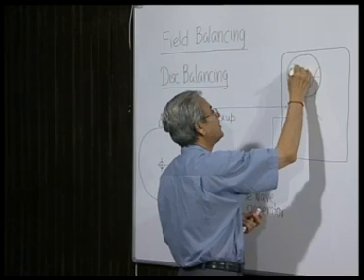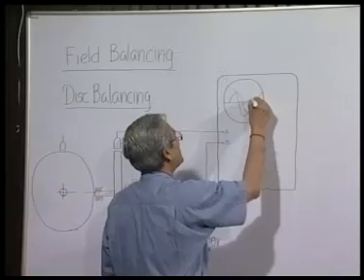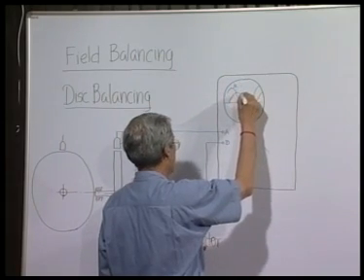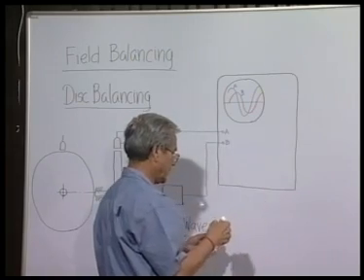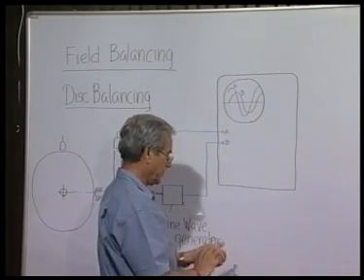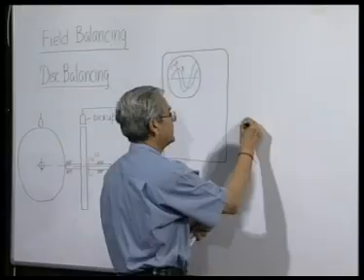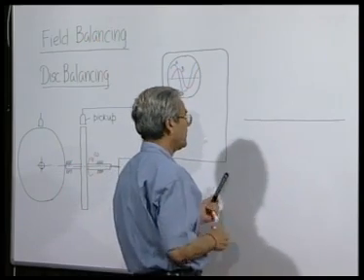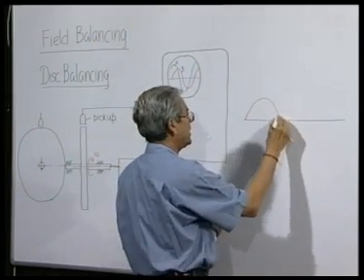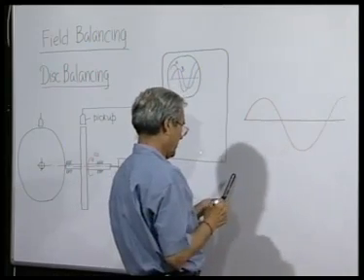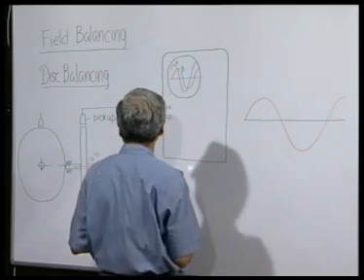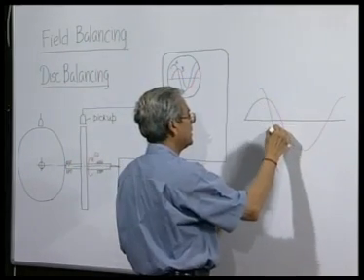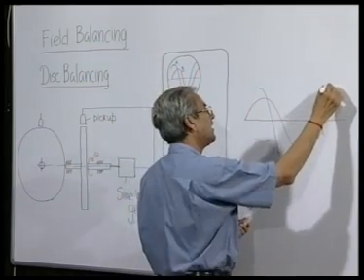So, what will happen? This will be pickup A and this will be pickup B. I will draw it in a slightly bigger way. So, this is the sine wave generator, and the signal which we are getting from the vibration pickup is given by this, and so on.